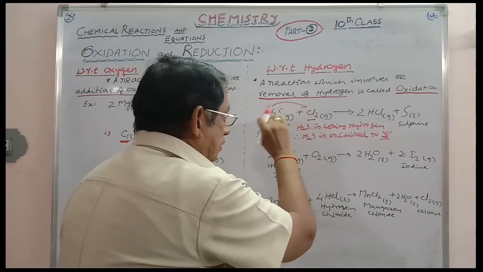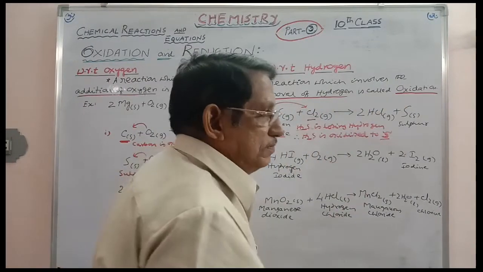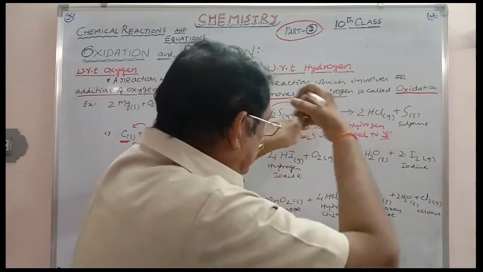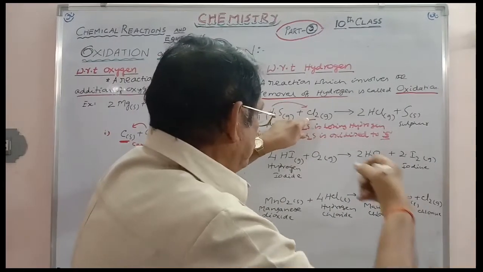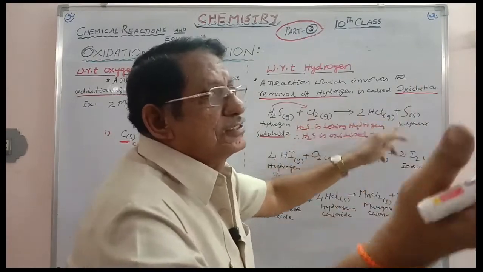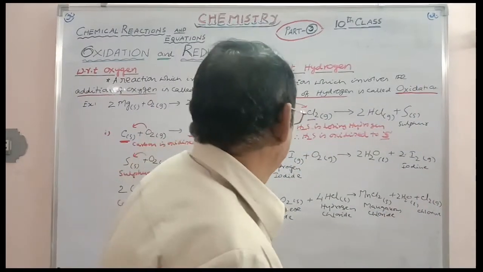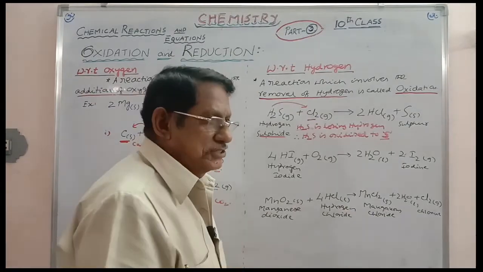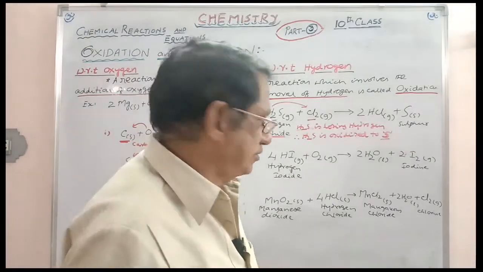Cl2 is taking hydrogen and converting into HCl. So addition of hydrogen to chlorine is there. So Cl2 is reduced to HCl. Where there is oxidation, there is also reduction. Put together it is called redox reaction.